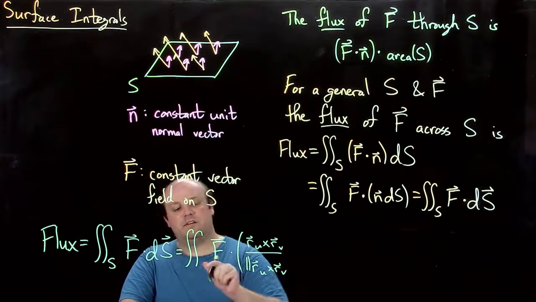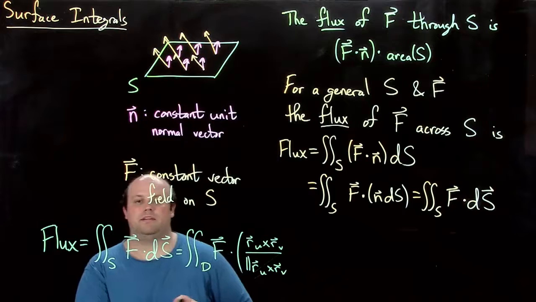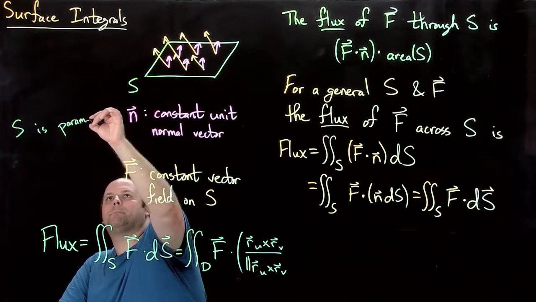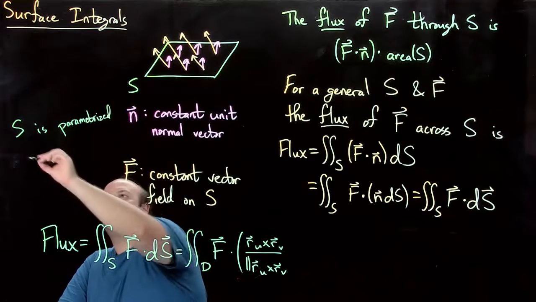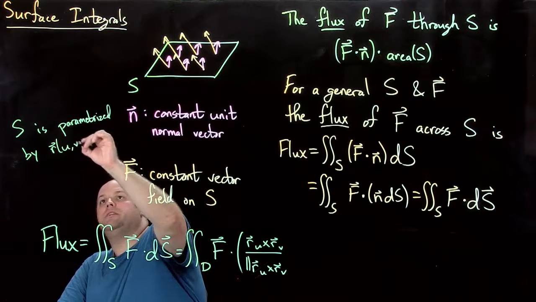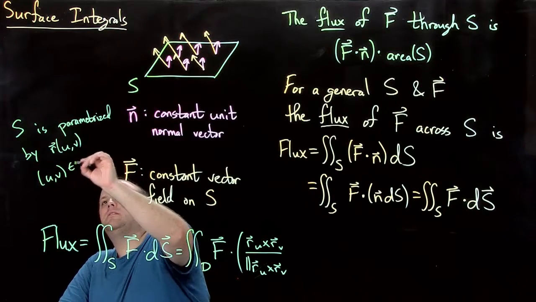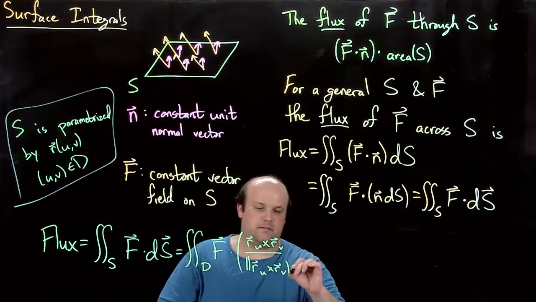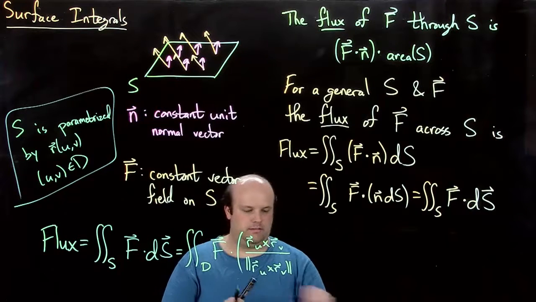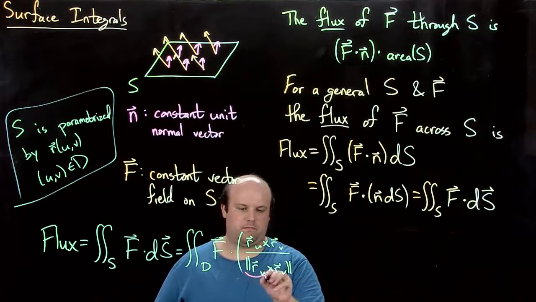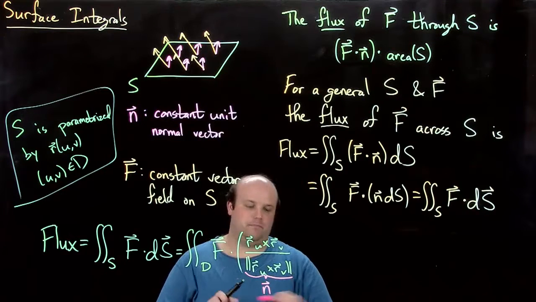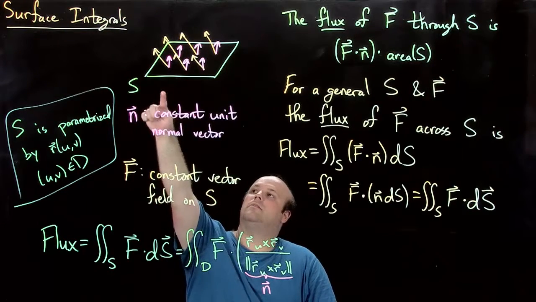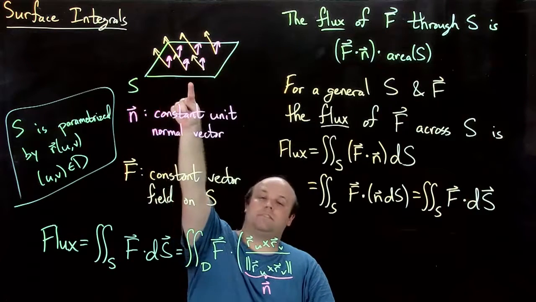This shouldn't be S anymore, this should be D. Sorry, this is a little out of order, but S is parameterized by r of (u,v), where (u,v) is in D. So then this is n. Let's put that in pink here. So that's the orientation on the surface.